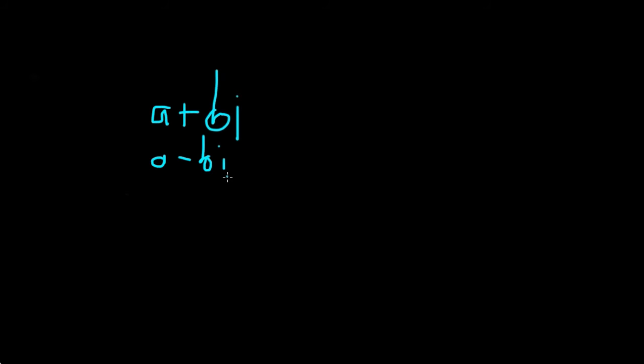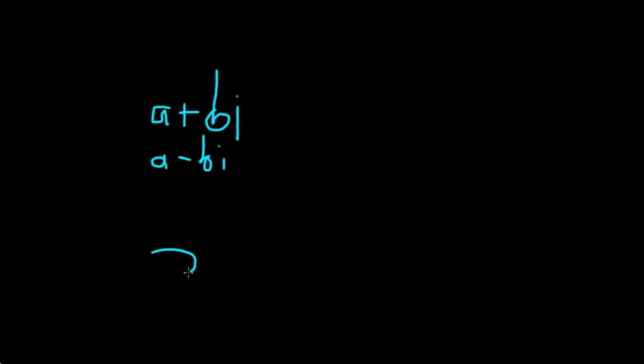So you basically just say that negative Bi is going to be one of the zeros, or A minus 1 Bi is going to be one of the zeros of the polynomial if A plus Bi is.